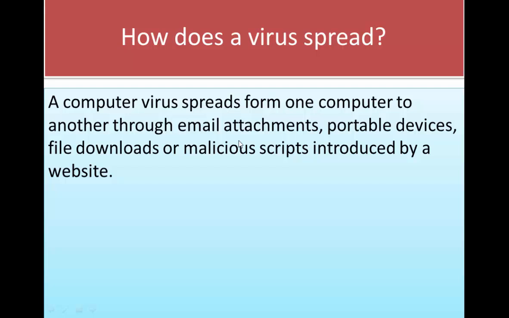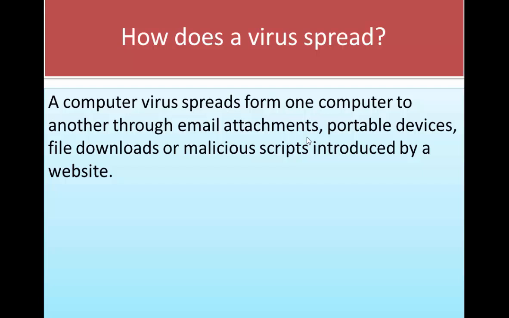How does a virus spread? So it may spread as an email attachment. Whenever someone is sending you an email and he or she attaches a virus to that, that virus along with that email may land on your computer, and whenever you open that email, it may download itself into your computer.